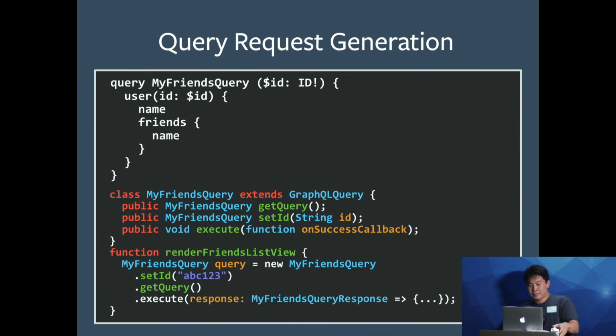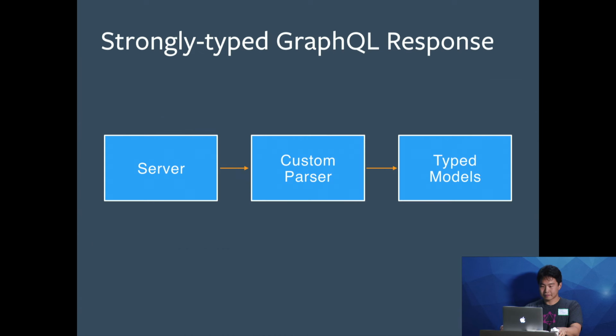So this is roughly how we model our query requests, but how do we approach modeling our responses? This is the simplest diagram to illustrate how responses are composed from the server. We have a server, and using the custom parser that we built from the toolchain, we can model the intermediate representations for our responses.